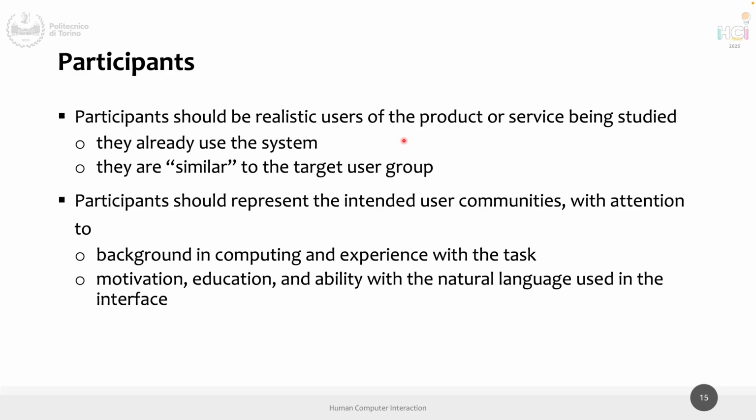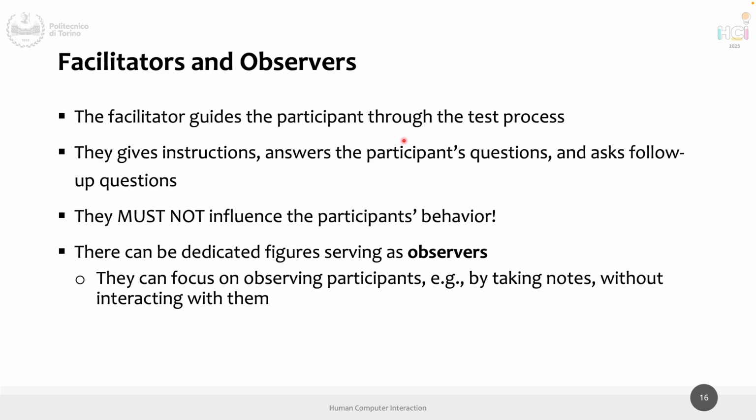Participants should represent, of course, the intended user community, the target group, with attention to background in computing and experience with the task. You don't want only super experts, or only super novices. You probably want to balance both in some way, and also consider motivation, education, and ability with the natural language used in an interface. So again, if it's your specific target population, it's obviously better because you have all the knowledge that you need there.